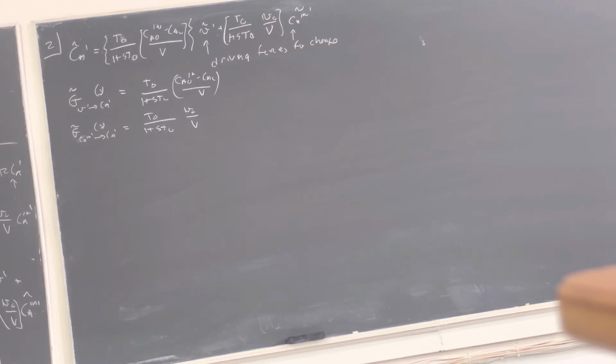And we'll see how that is useful. As we're going to see, the system, not the forcing functions, is what determines the stability. All the information about the stability is in the system, not the forcing functions.